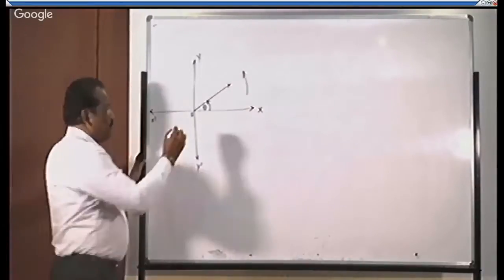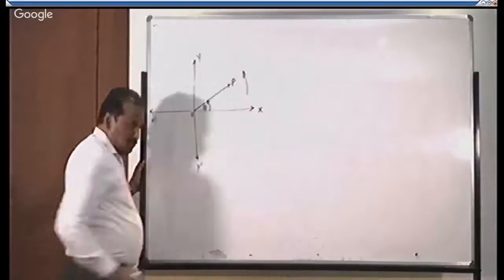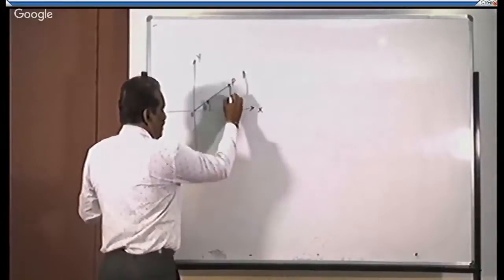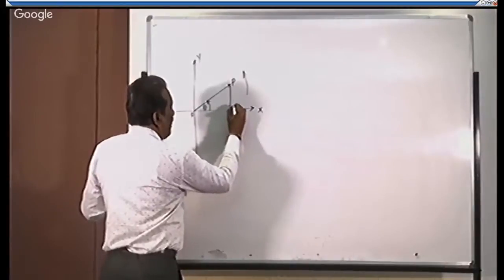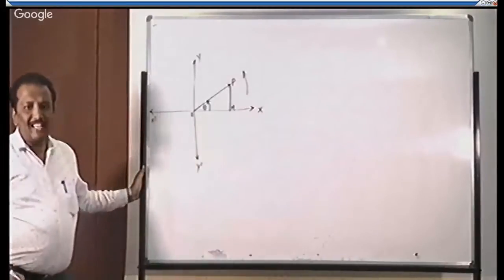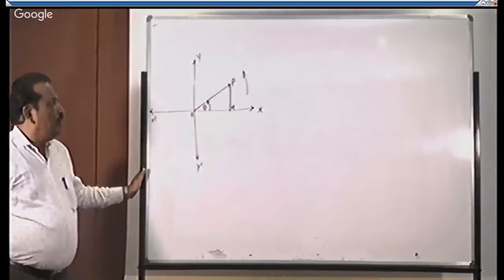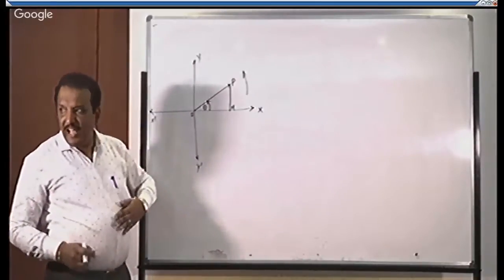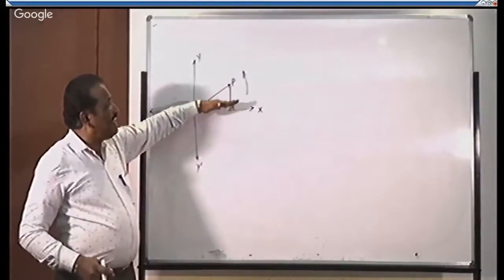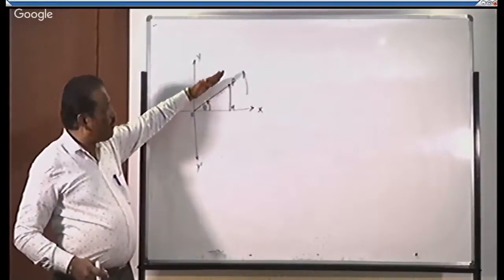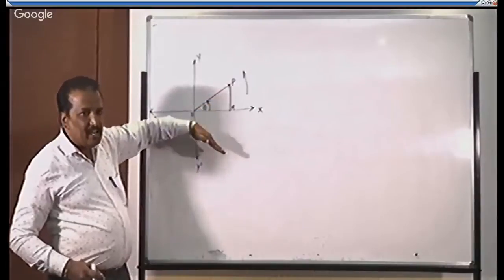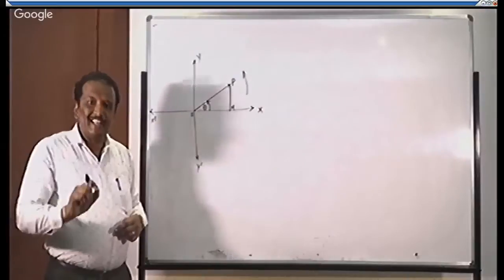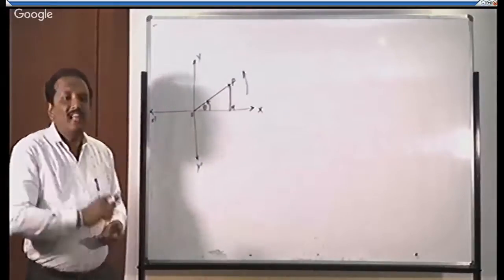You may call this position OP. For the geometry purpose, drop a perpendicular OM to X'OX. Instead, suppose the revolving line rotates in the clockwise direction. We also know the generated angle under such a circumstance has to be taken as negative.